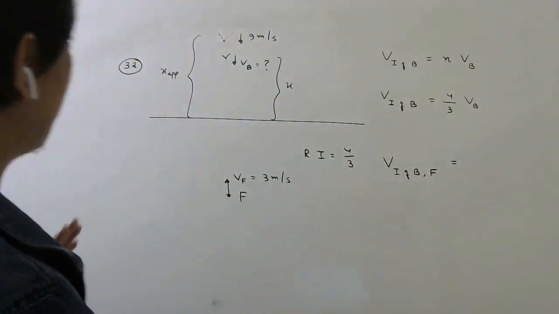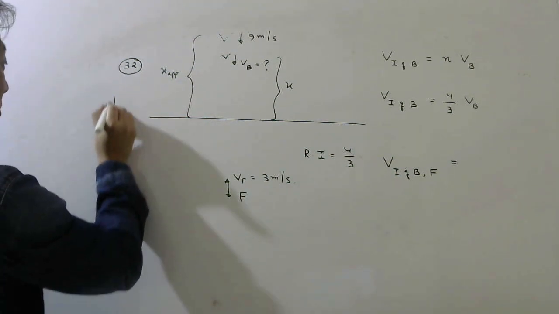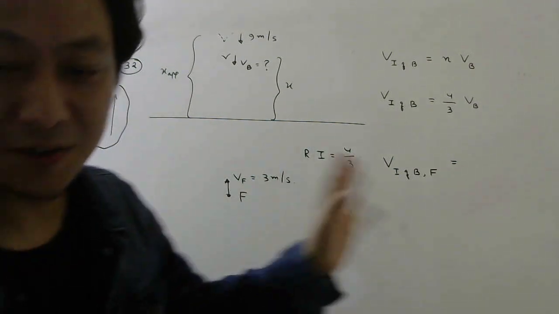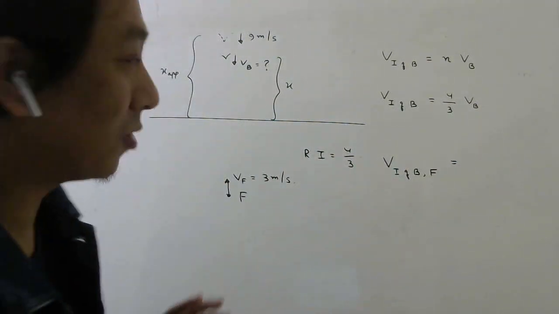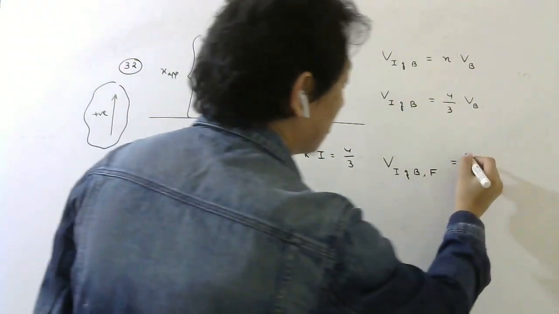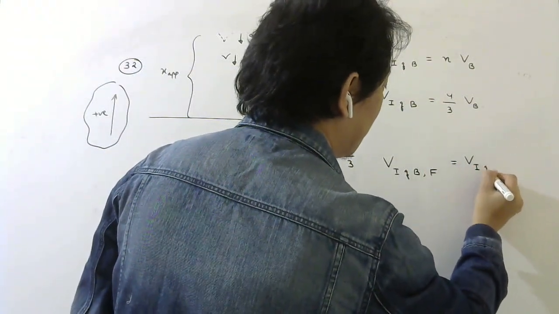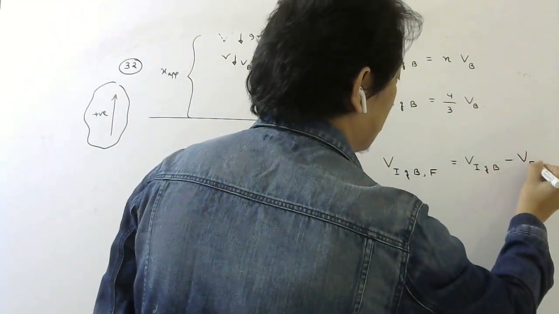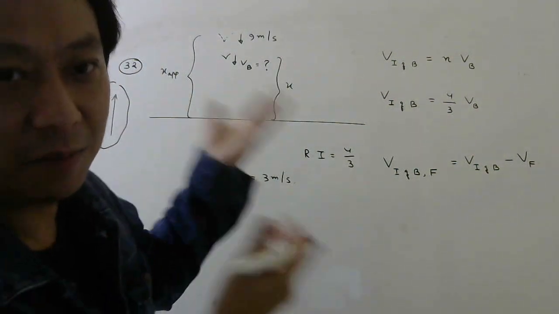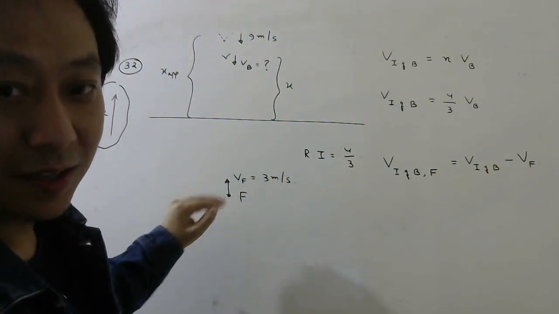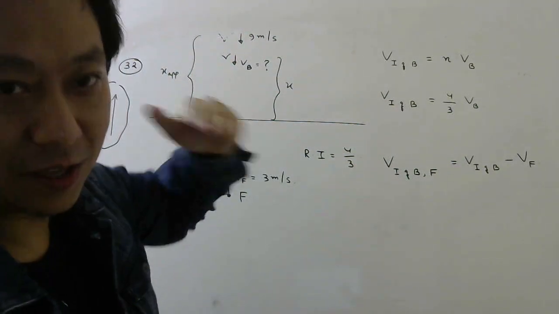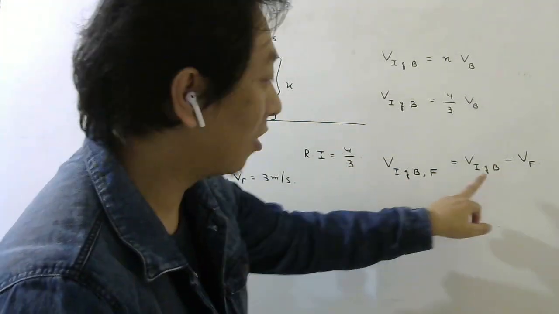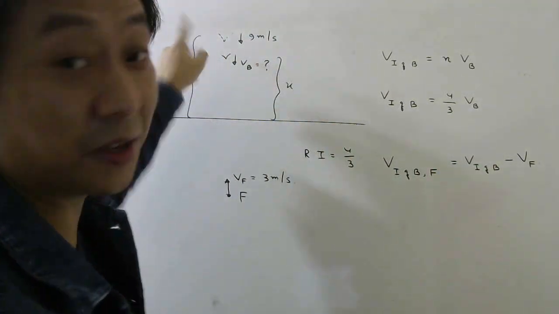Now let us be careful with direction. Let us take up as positive, otherwise we will get confused in the middle. So up we will take positive. Let us write the formula first. What is the formula for this? The velocity of image of bird minus the velocity of fish. Obviously it is the velocity of image of bird only, because the fish is observing the bird, so the image of the bird is all we are interested in.